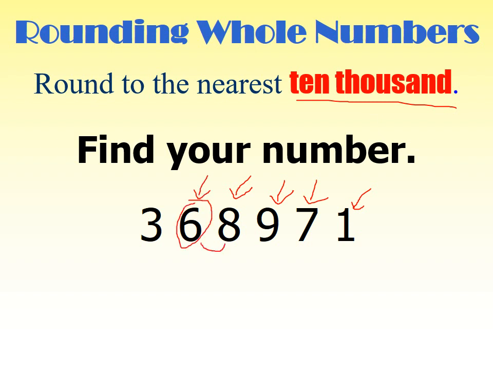Let's look next door. That's more than 5. So what that means is we have to add 1 to our 10,000 position. So this will become 7 here, and the rest becomes 0, 0, 0, 0. Notice how I tried to have some space over here because we grouped them in terms of 3, so we have 370,000.